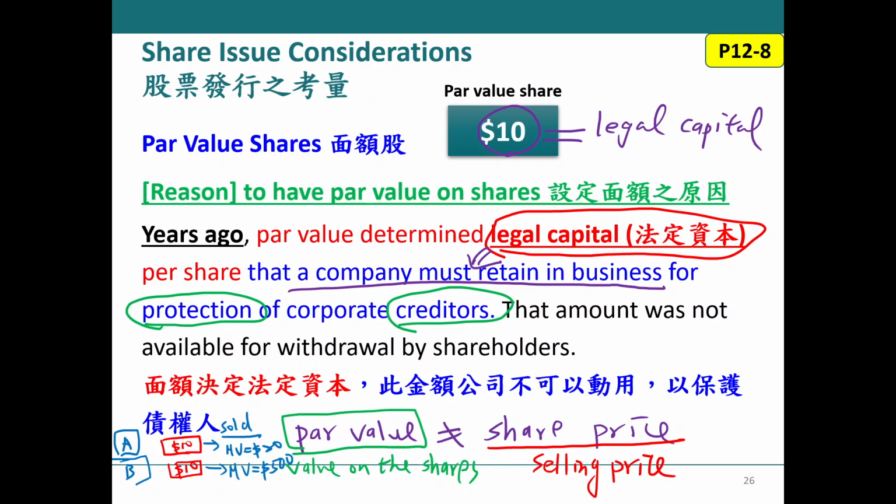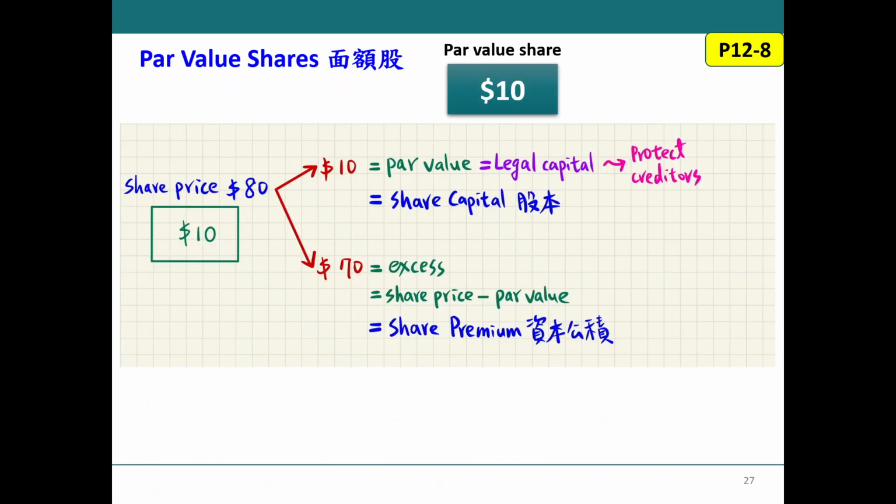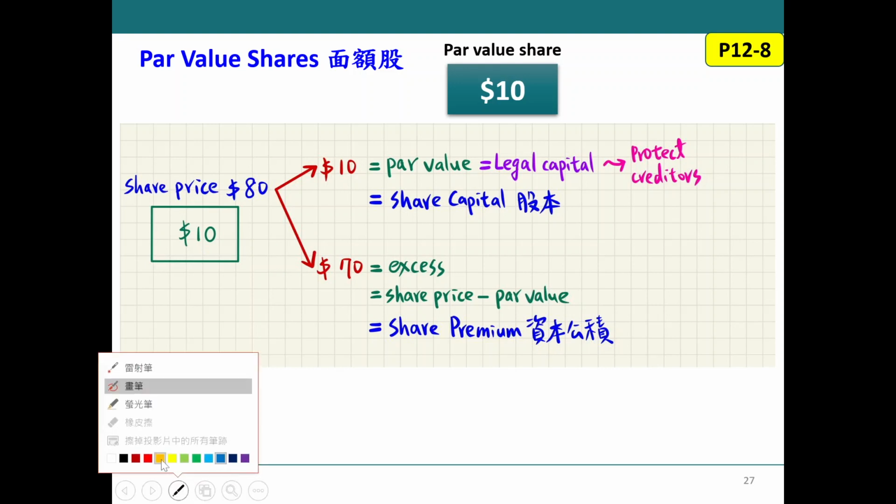Then in accounting, because of this, we want to know the par value, how much. This is a legal capital to protect investors, right? So in accounting, based on this, we give you two new accounts. Share price $80 for these shares, par value $10, right? So $10 is your par value.